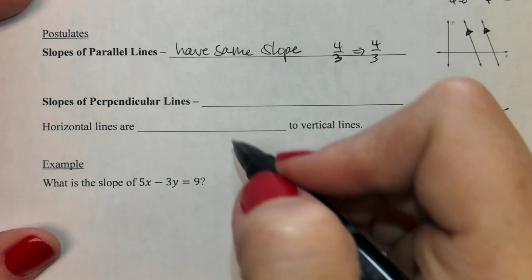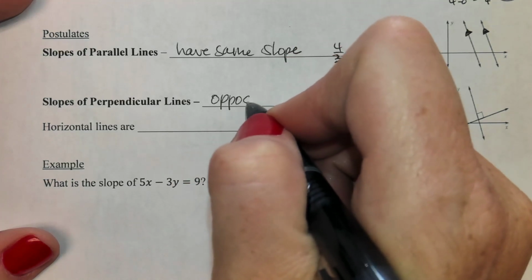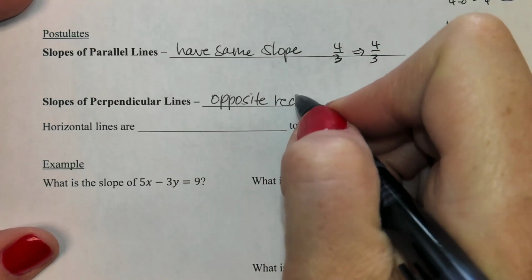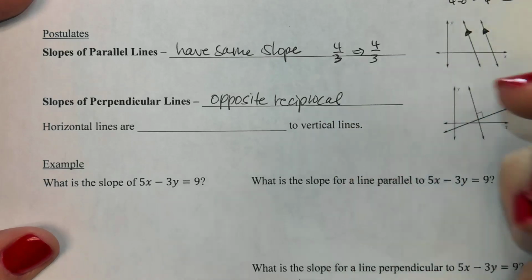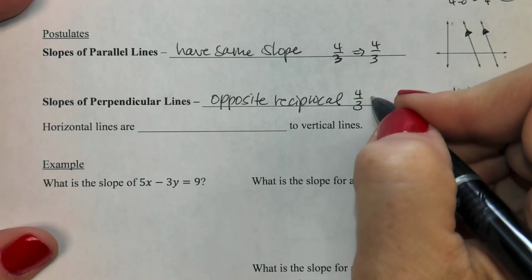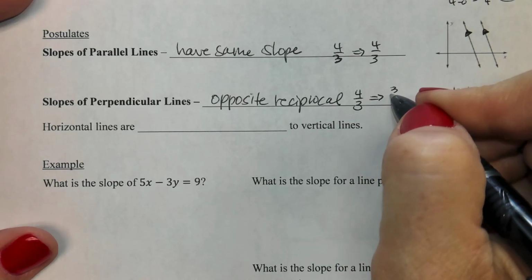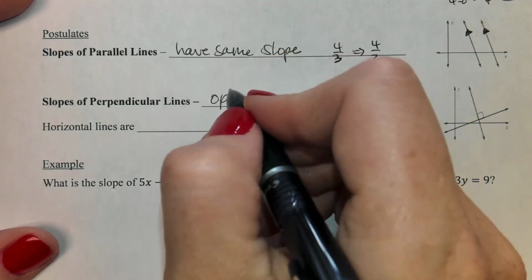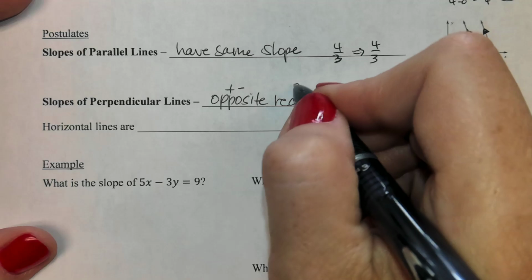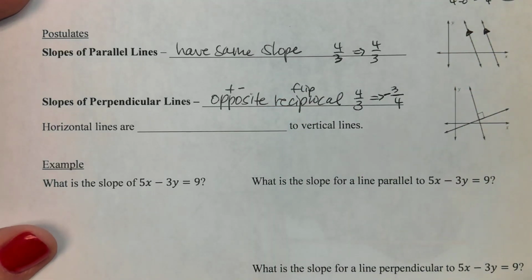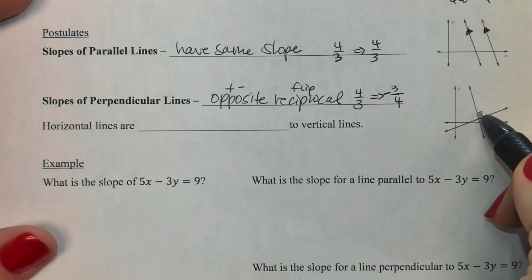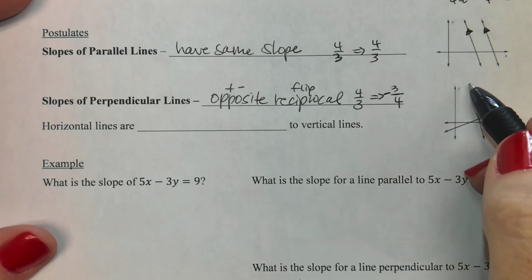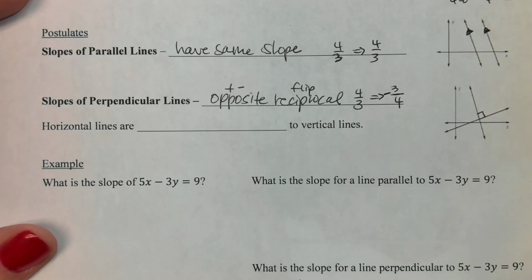Perpendicular lines have what's called opposite reciprocal. So if one of them was 4/3, then the other one would be negative 3/4. Opposite means you flip the plus and the minus. Reciprocal means you flip the fraction, whatever you've got. And perpendicular lines, we know, have that box in the corner, so there's 2 lines meeting and they are perpendicular.